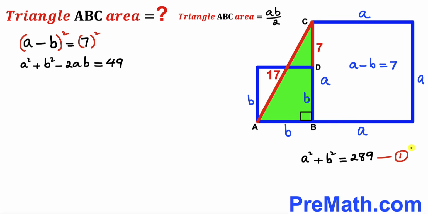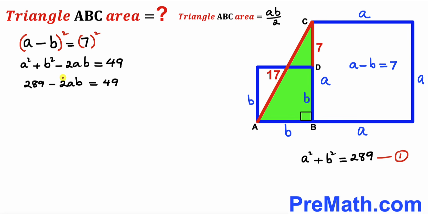49. And now let's focus on this equation 1. We know a square plus b square value is 289. So I'm going to replace this a square plus b square with 289 over here. So we could write 289 minus 2 times ab equals 49.